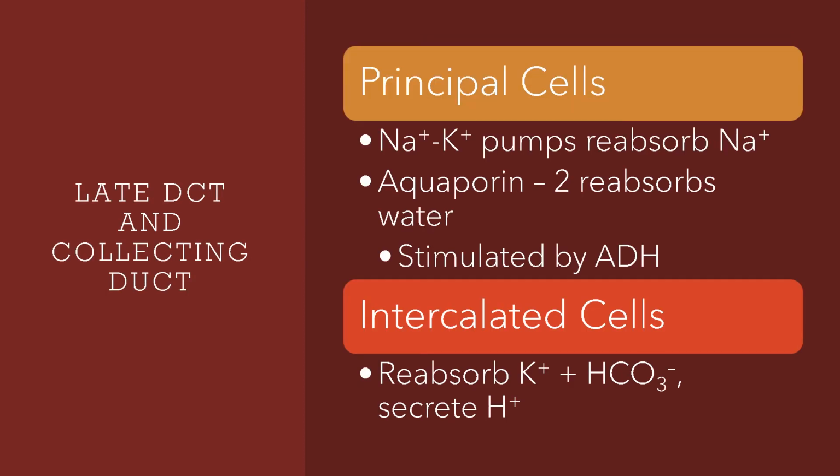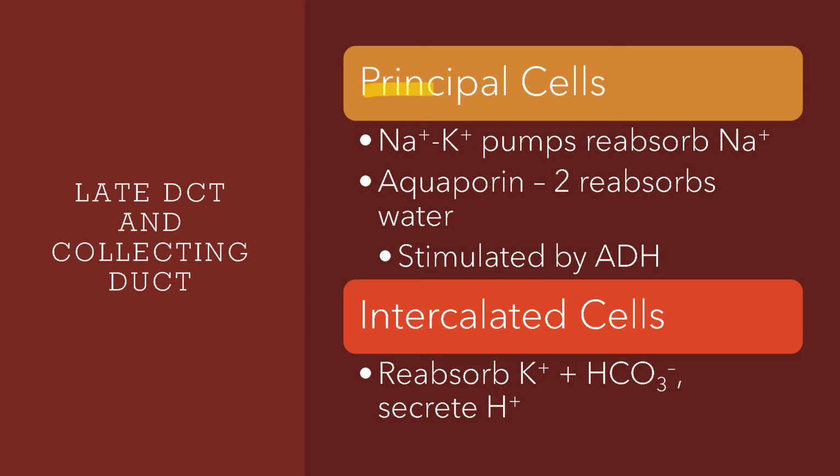By the time fluid reaches the end of the distal convoluted tubule, about 90 to 95% of the filtered solutes and waters have been returned to the bloodstream. Now recall that two different types of cells, principal cells and intercalated cells, are present at the late or terminal part of the distal convoluted tubule, and they're also found throughout the collecting duct.